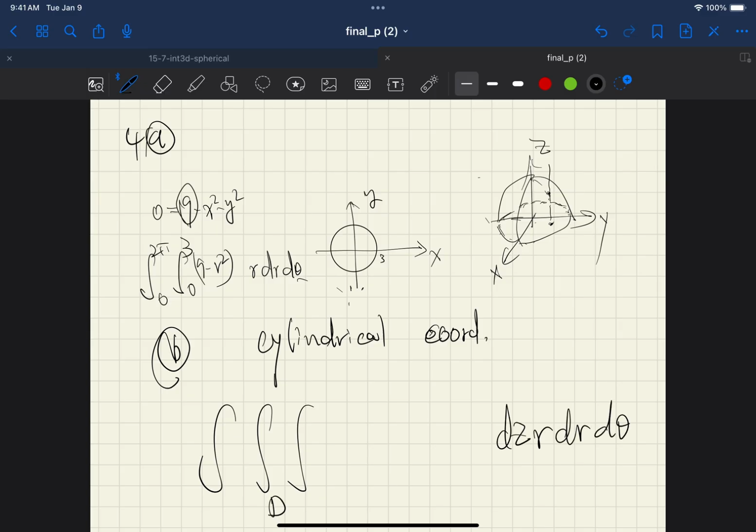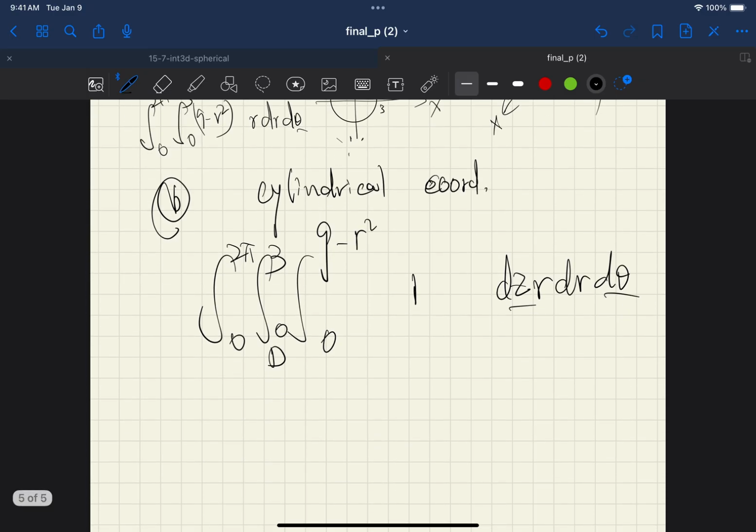But here, for the volume you want to write 1, and for theta we already know this is a circular domain, and r is 0 to 3, but for z it is 0 to where it ends here, which is 9 minus r squared. So this is the cylindrical coordinate system.